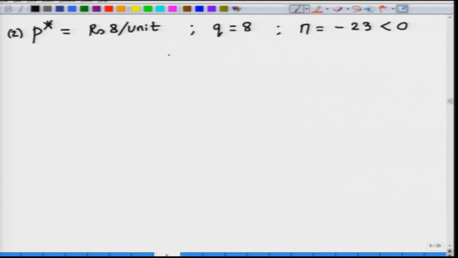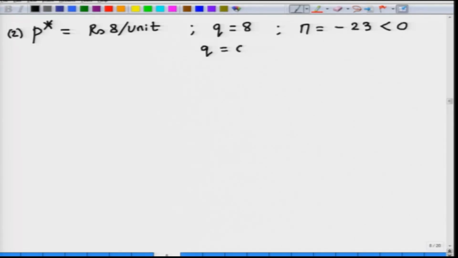Now, let us ask, can the firm do better than what it currently is doing? Currently the firm is incurring a loss of 23. Can the firm do better, which means can the firm reduce its loss? What if the firm decided to not produce at all? What if Q was equal to 0?